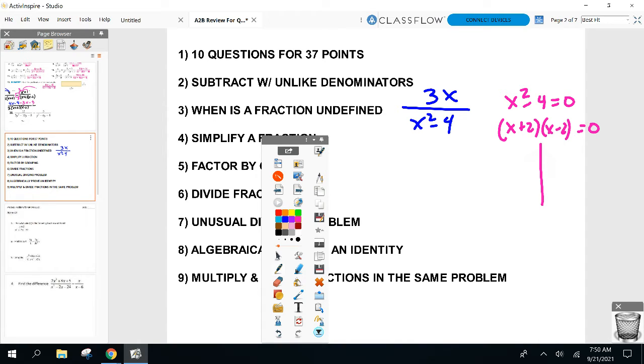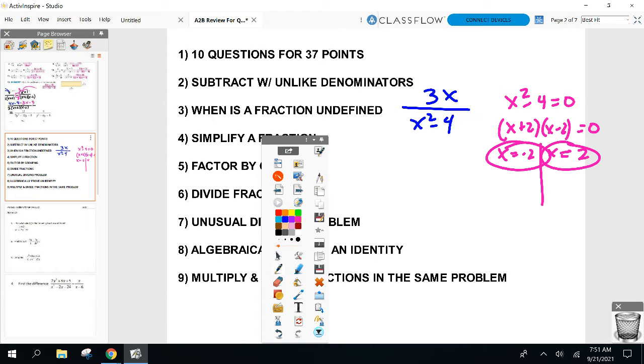What are my two values that make it equal to 0? Negative 2, positive 2. Notice I don't even touch the numerator. There's question number 2. What makes this fraction undefined?